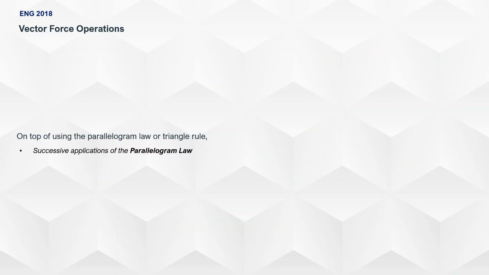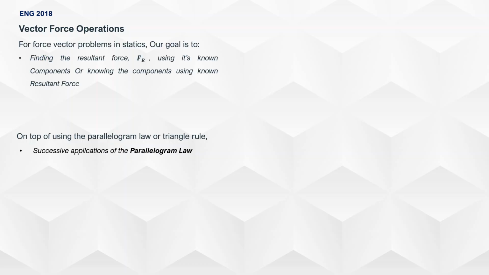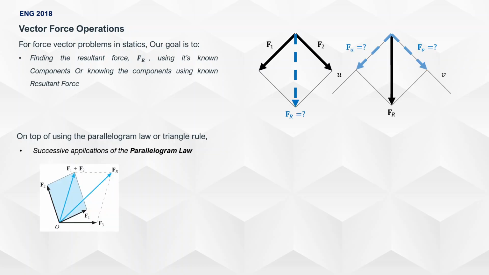Now, to help you further with vector force operations, there are usually two kinds of problems provided. Either you are finding the resultant force using its known components, or finding the components using the resultant force. So either you already have two vector force components to find the resultant force, or you're supposed to look for the vector force components using the resultant vector.